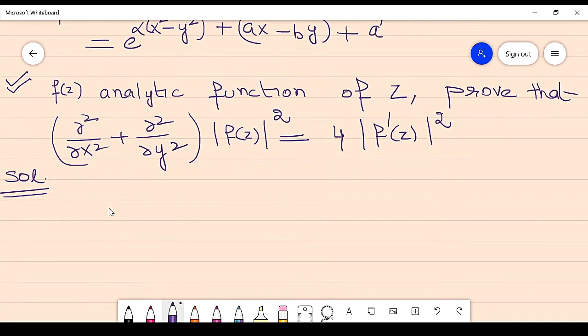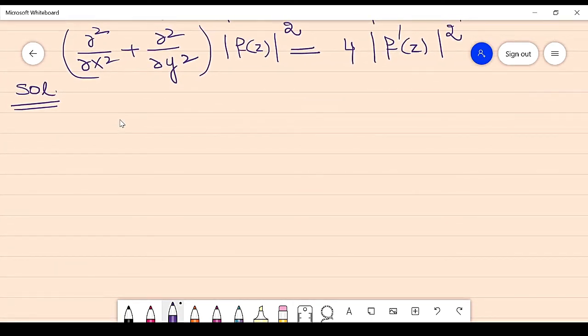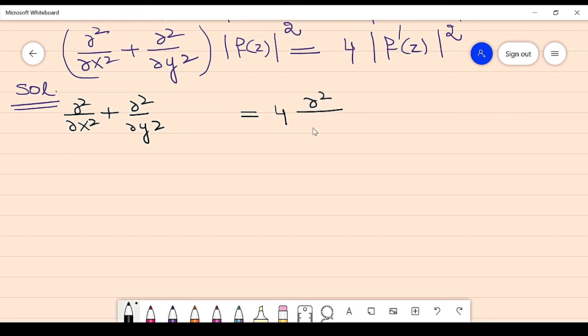We know that del square by del x square plus del square by del y square is equal to 4 times del square by del z del z conjugate.